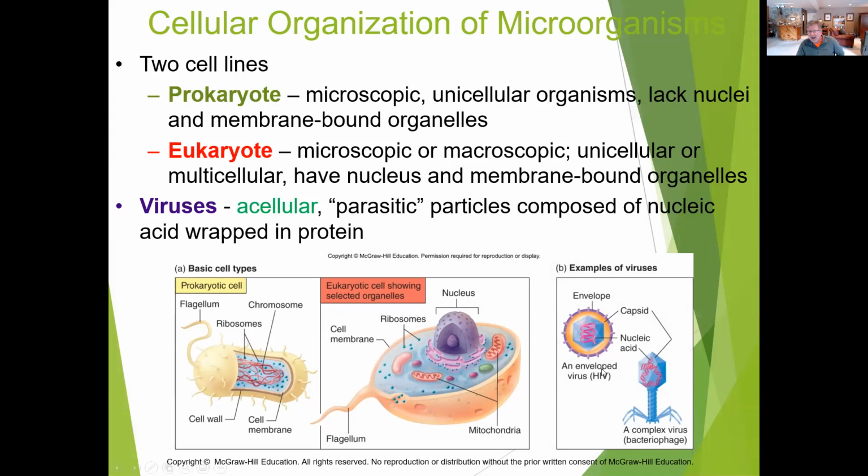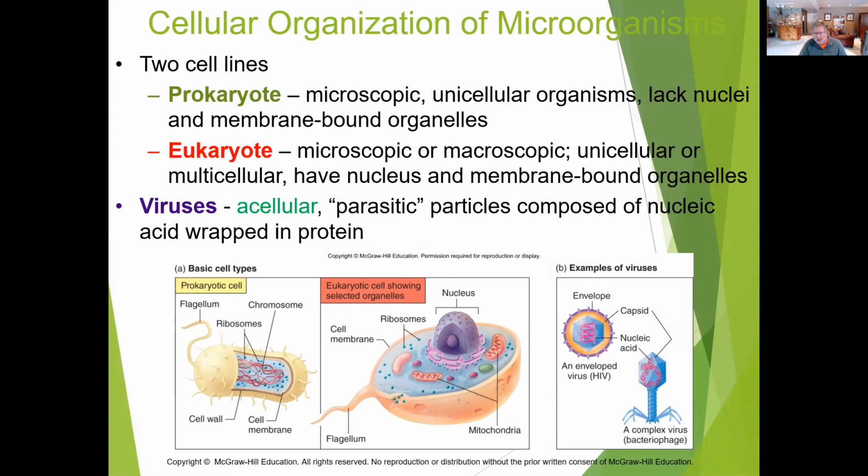But in this particular diagram, you see a couple sketches. This is the HIV virus, which causes AIDS. And this is a bacteriophage, which is a virus that targets bacteria.